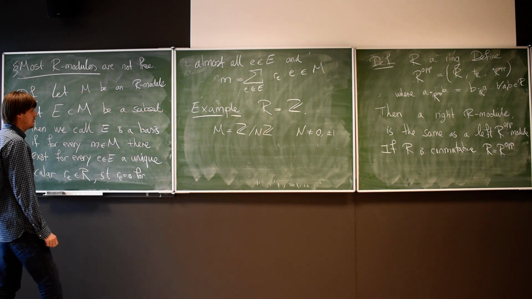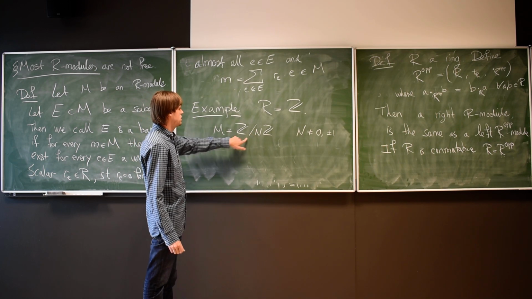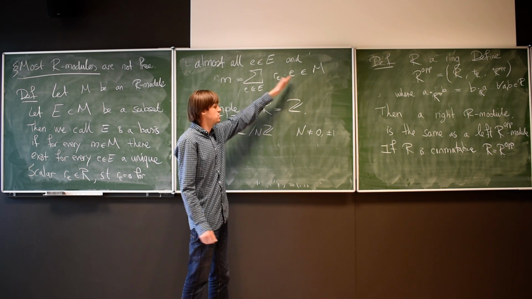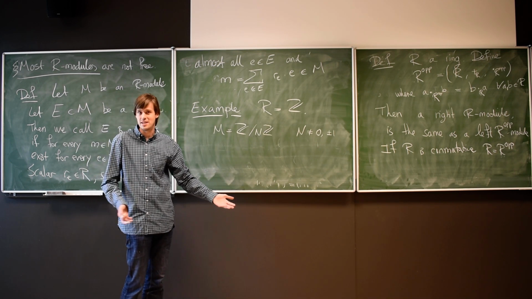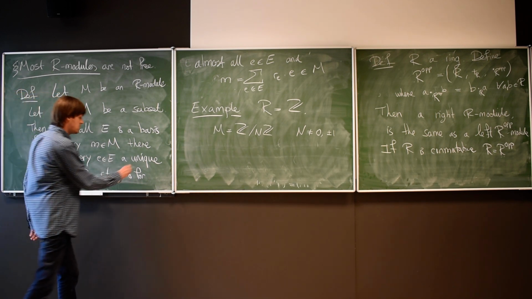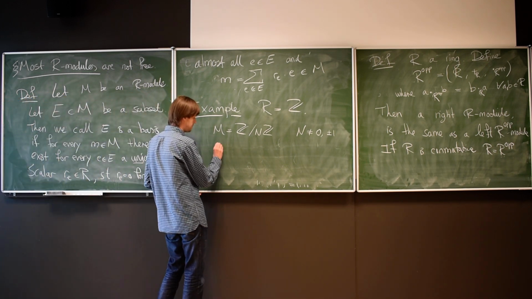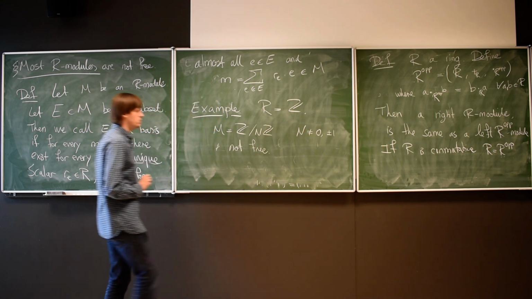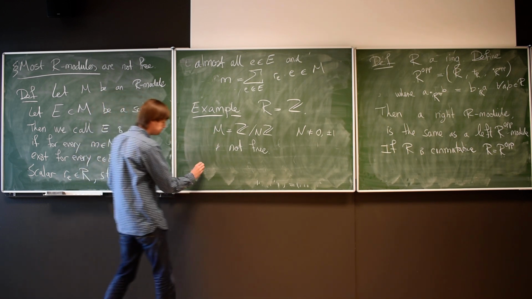Or maybe say it like this: if I had a basis, if I could write any element of Z modulo nZ as a linear combination of something, well then I can just add n to it, and then I have a second way of writing it. So I see that such a basis cannot exist. Okay, so this is not free. As soon as you have some torsion, the module is not free.